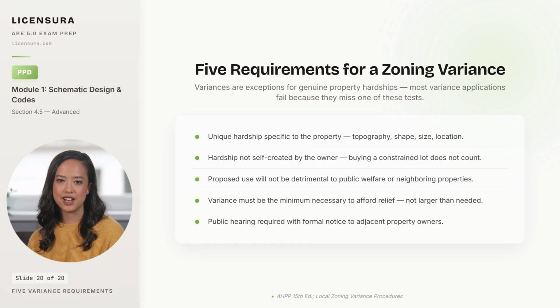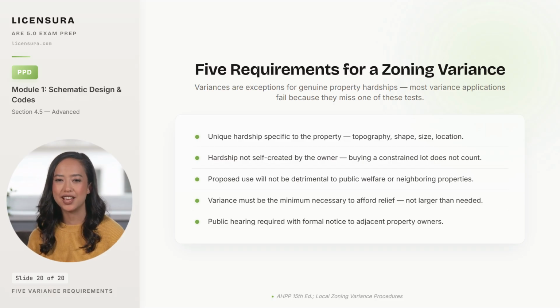Fifth, a public hearing is required with formal notice to every adjacent property owner, and the hearing must be held before the variance is granted. Skip any one of these tests, and the variance is rejected. The project loses months, and the owner often sues the firm for relying on a non-defensible application strategy.